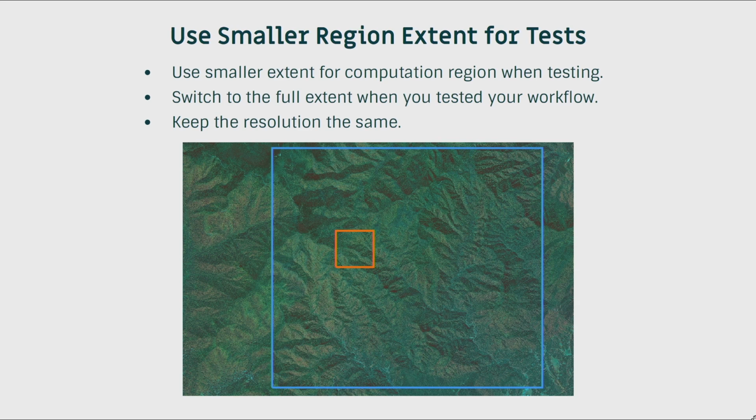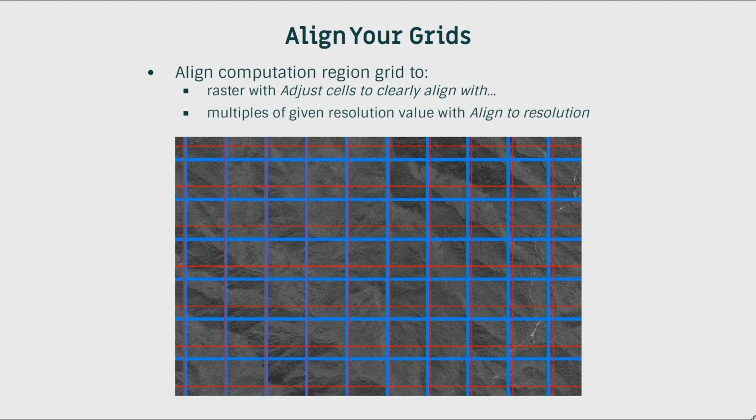And you do all your workflow with that, and then you change your region, and then you redo your workflow with the larger extent. And that way you tested everything with the smaller extent. It was very fast, and then you compute it on your big data. It will be still very fast in GRASS GIS, but it will be even faster with the smaller region.